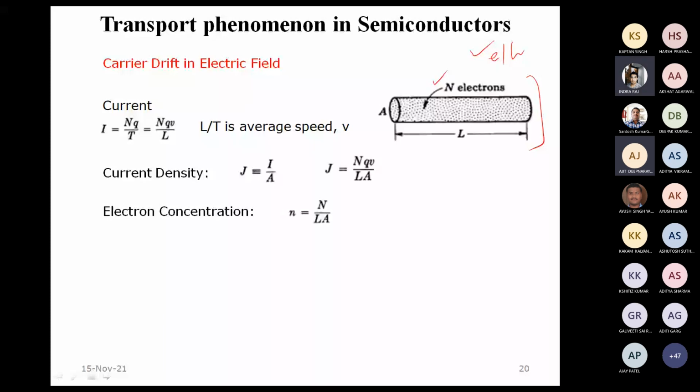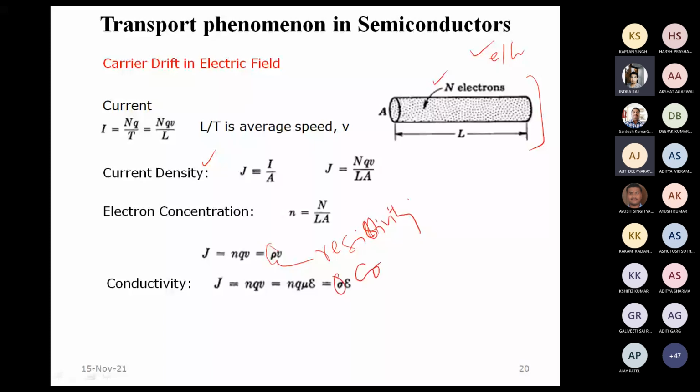Current density was defined as the current flowing through a unit cross-sectional area, and we also looked at related parameters like resistivity and something called conductivity. We defined these two terms, resistivity and conductivity, from that equation as well.